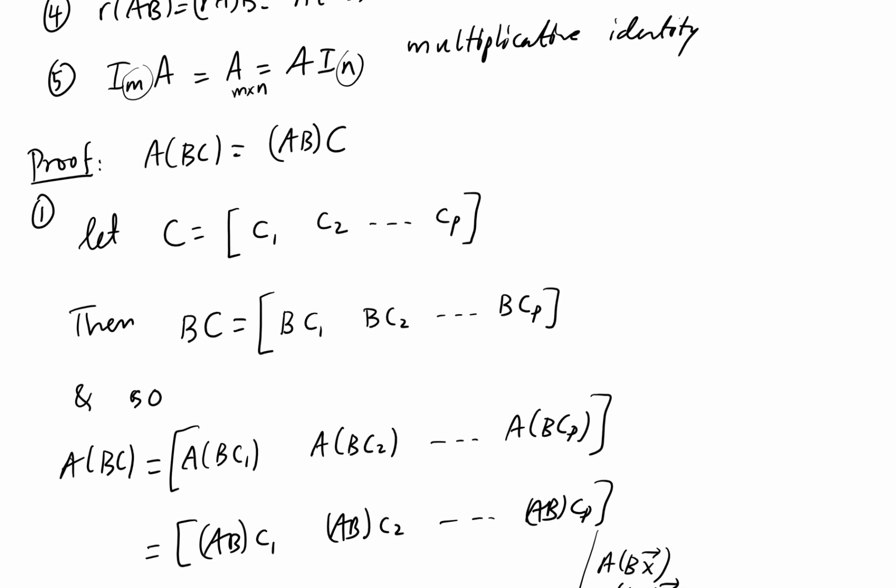Then you can regroup as AB times C1, AB times C2, all the way to AB times CP.